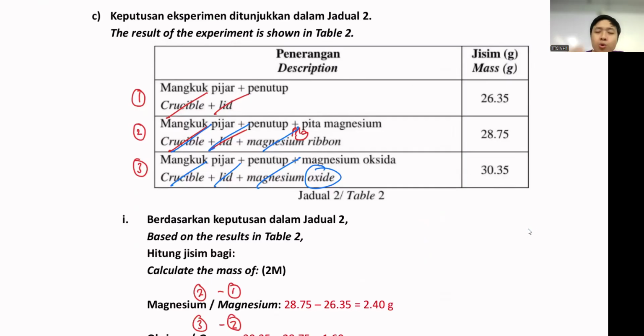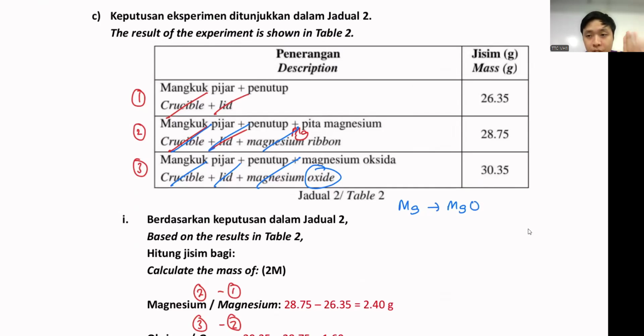So how do you know it's the final one? How do you double confirm it? To make sure this is the final one, that's why you have to do the 3 steps again. Heating, cooling, weighing, just to make sure all the magnesium has completely reacted, has 100% become MgO, from Mg become MgO.